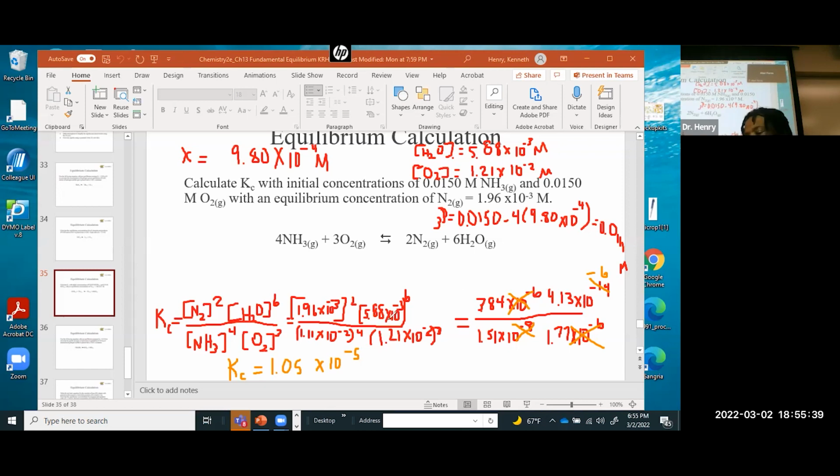Okay, so then we get 5.88 e to the negative 3, and that is going to be to the 6th power. So I get 4.13 times 10 to the negative 14.